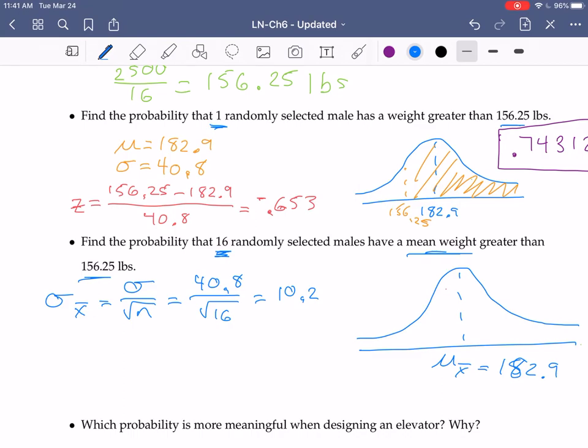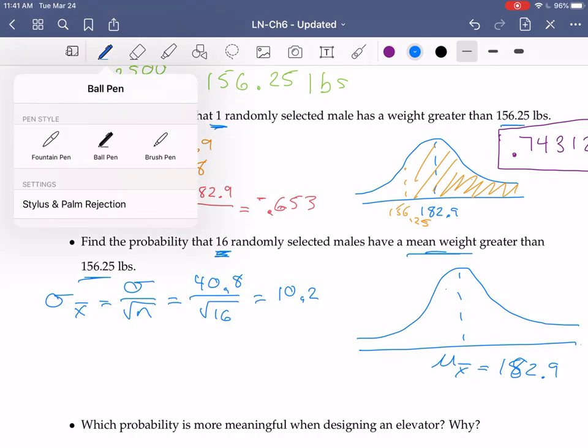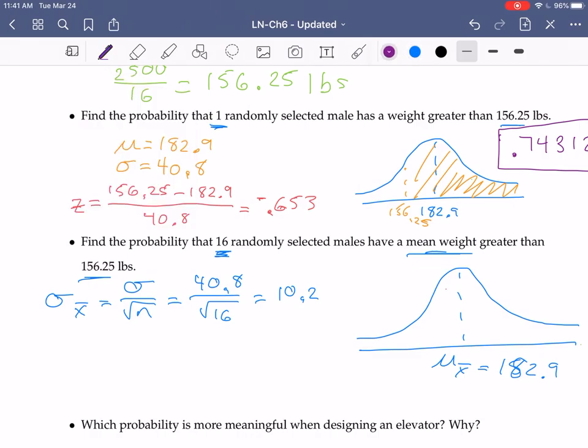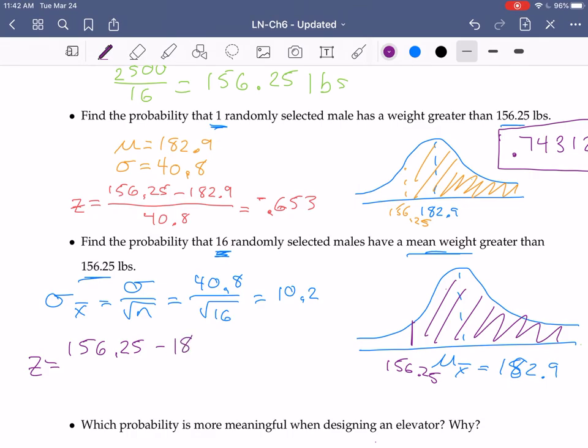So we're going to convert 156.25 to a z-score. So 156.25 minus the mean, which is still 182.9, divided by the standard deviation, which is now not the standard deviation of individuals, but now we're dealing with groups, and the means, and how are the means distributed.